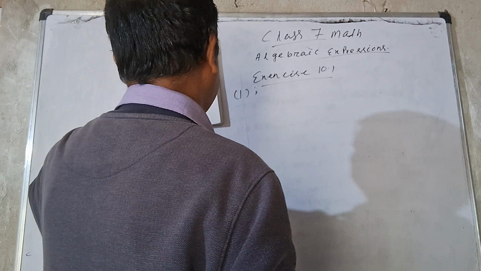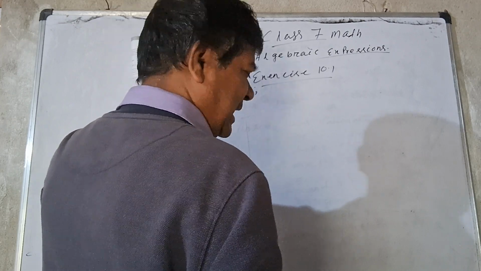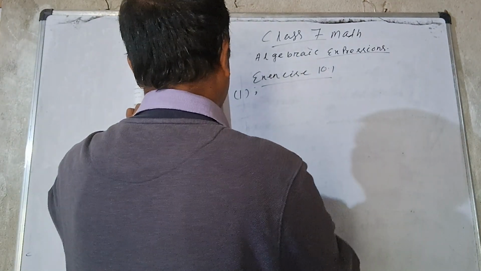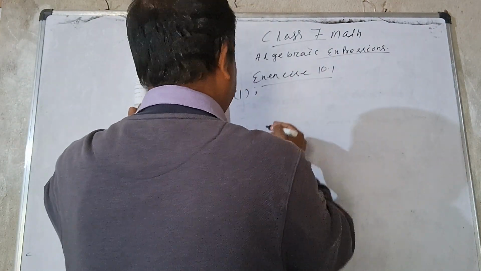You have to express arithmetic operations as algebraic terms. Subtraction of z from y.